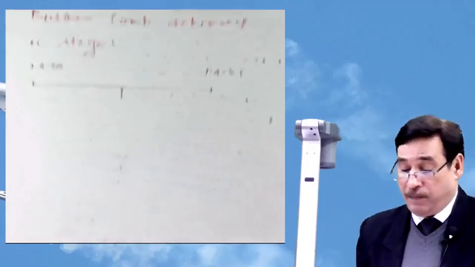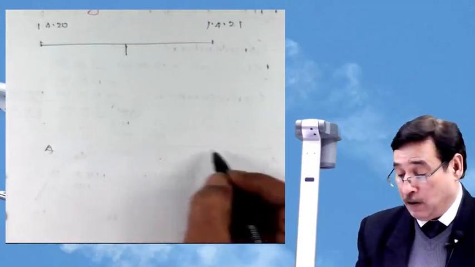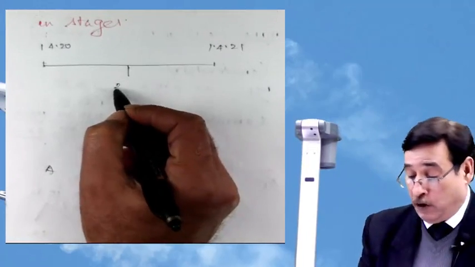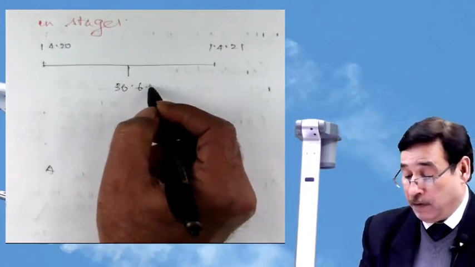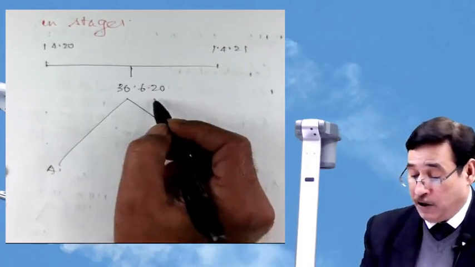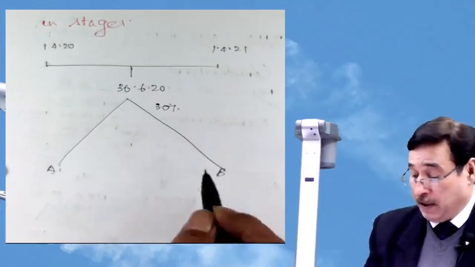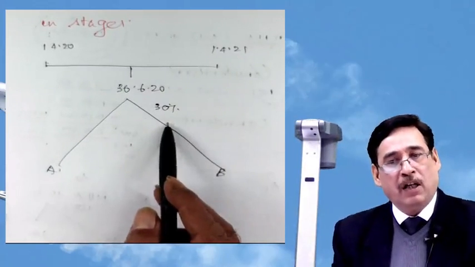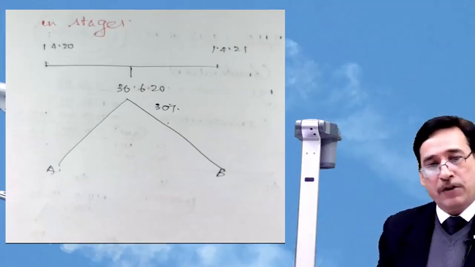On this date, let us say A Limited and B Limited. Let us say on 30th of June 2020, A Limited acquires 30% stakes in B Limited. How many stakes? 30%. If I would ask you, do we have the control in this case?